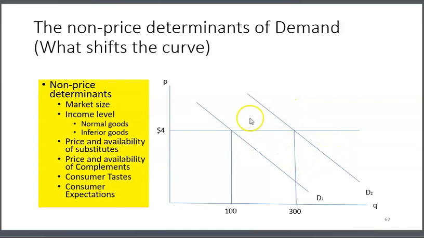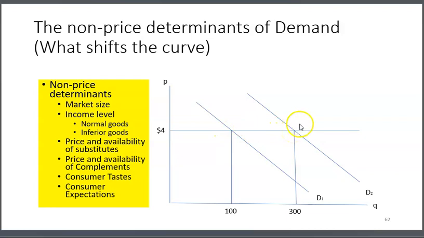And again, if we look at the demand curves, when we say that demand has increased, that means at the same price point here of $4, now there is more quantity demanded in the system. So the entire curve has shifted to the right.